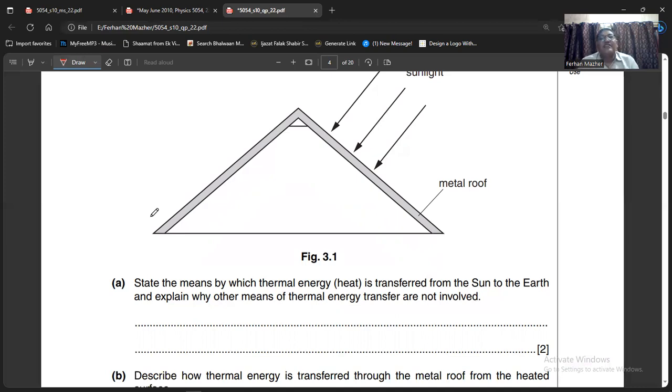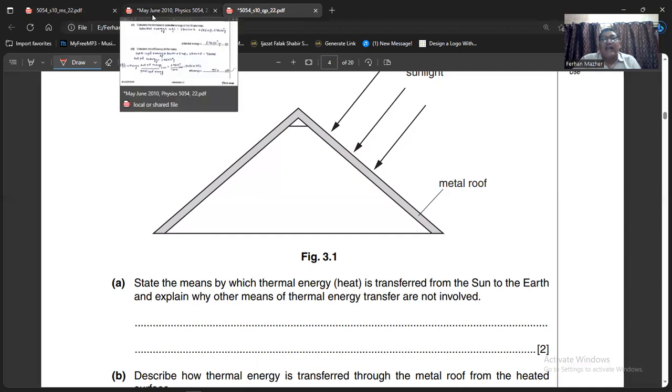Then the third method is radiation. Yes, from the sun, the heat can be transferred to the earth by radiation. For this purpose, infrared rays are used. From the sun through the infrared rays, the thermal energy reaches the earth, and that does not require any medium.